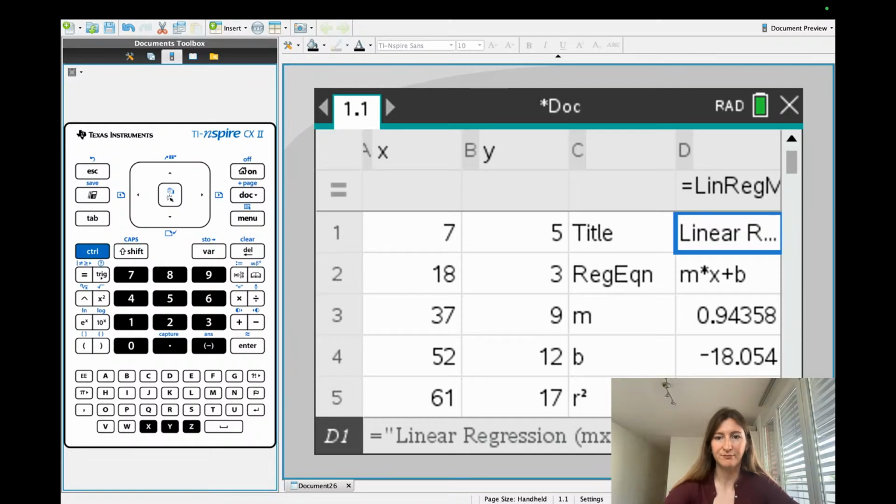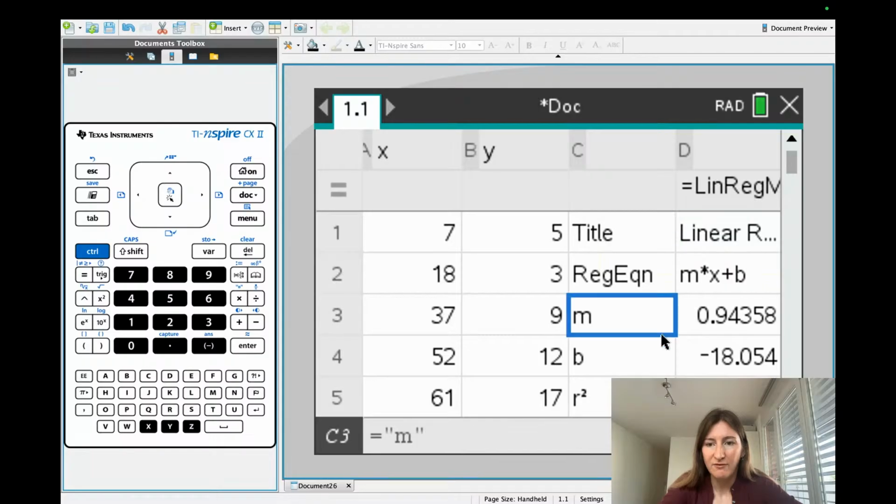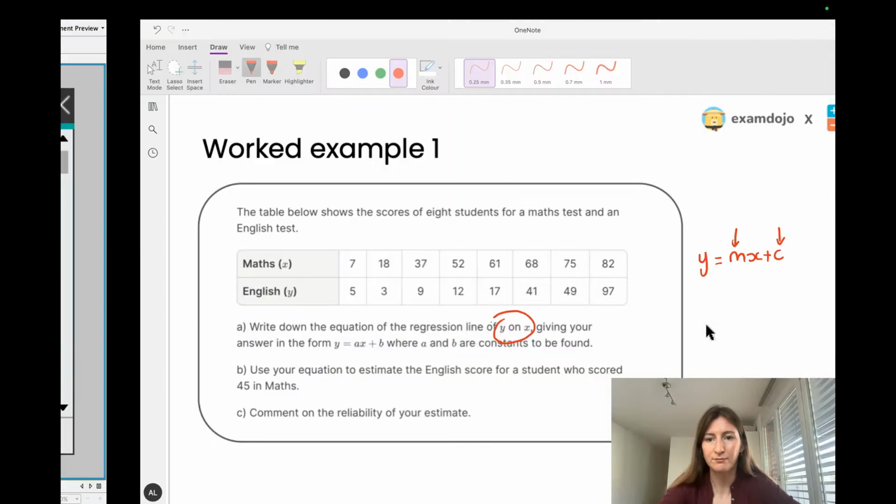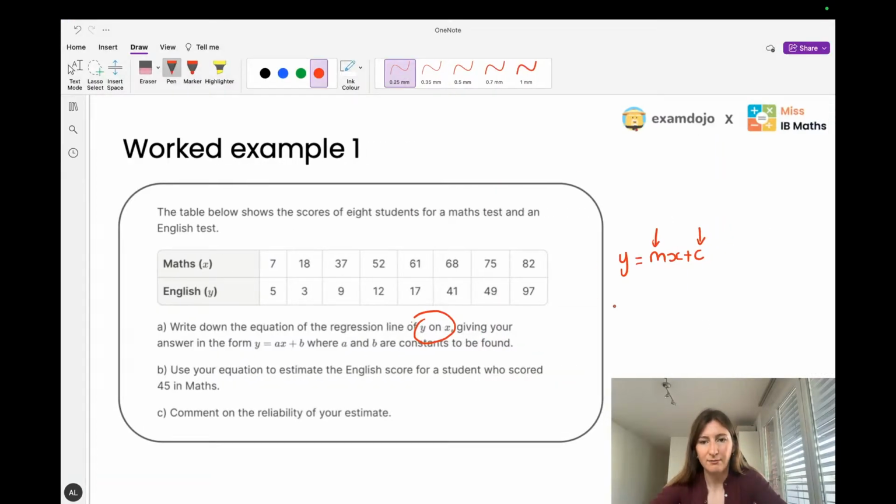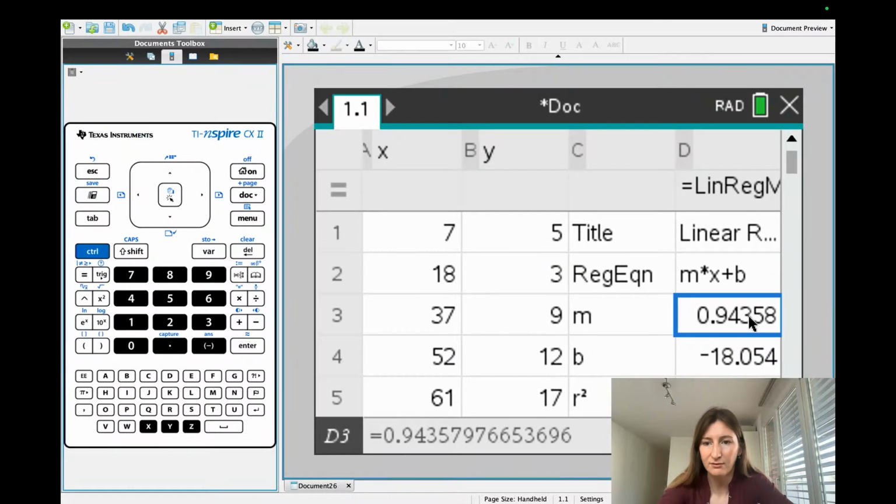Okay, there we go. So it's all come up. We have the title, we're in the form mx plus b. So our m value here, 0.944. M equals 0.944. Remember, 3 significant figures, we always want that, 944.